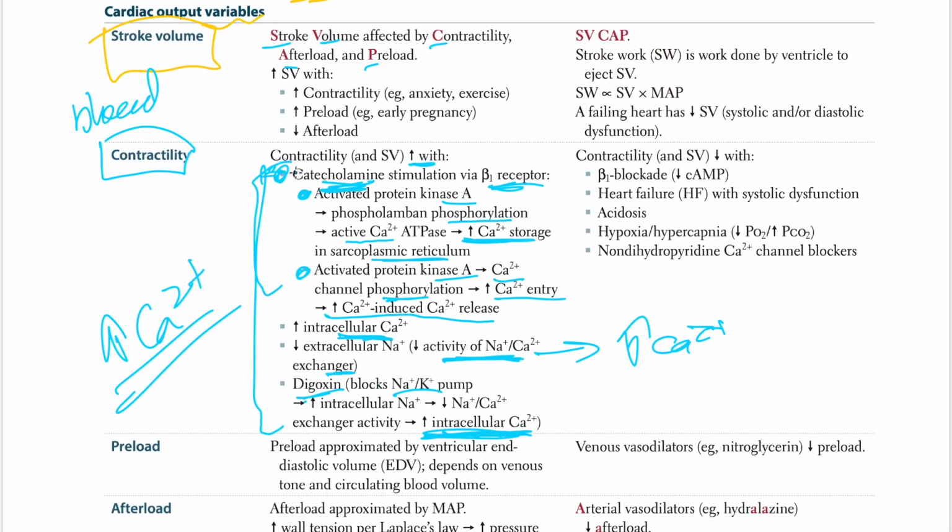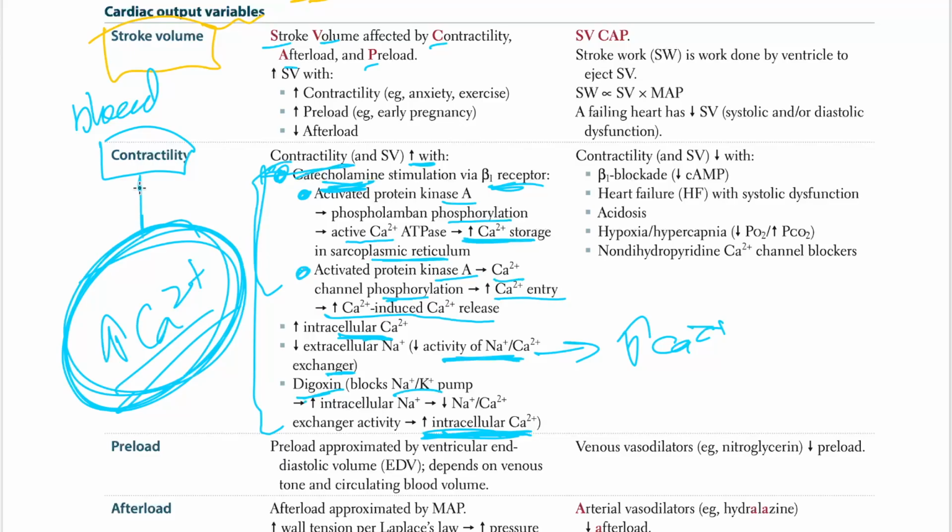So all of this, in a nutshell, is an increase in calcium levels that would increase contractility. When you increase contractility, you already know that's going to increase the stroke volume, right?